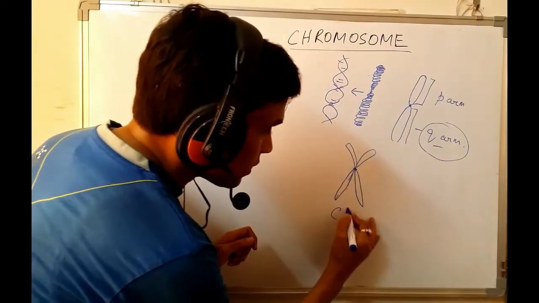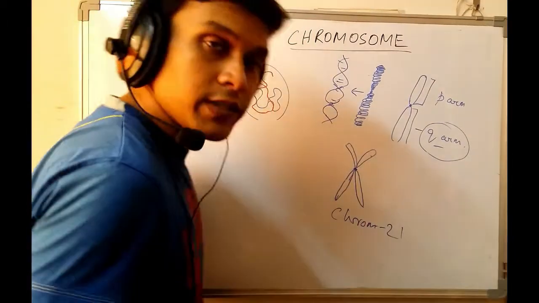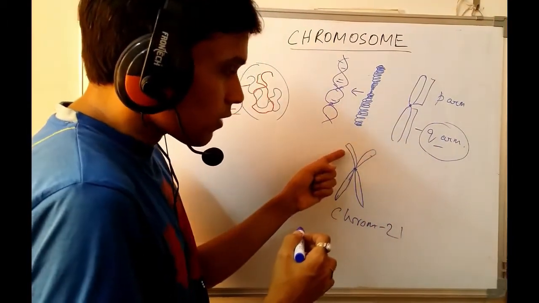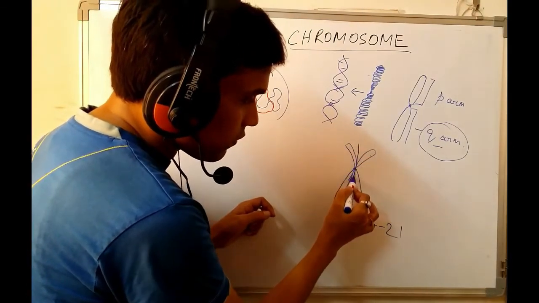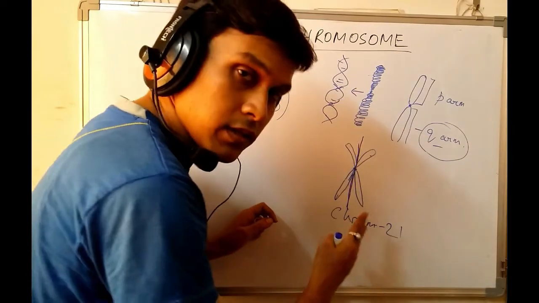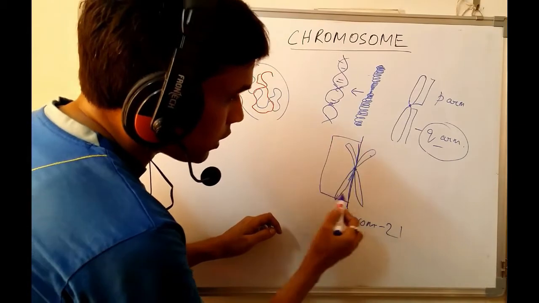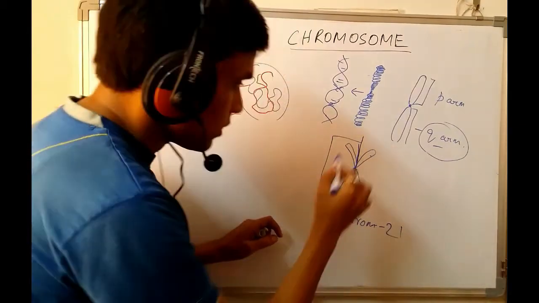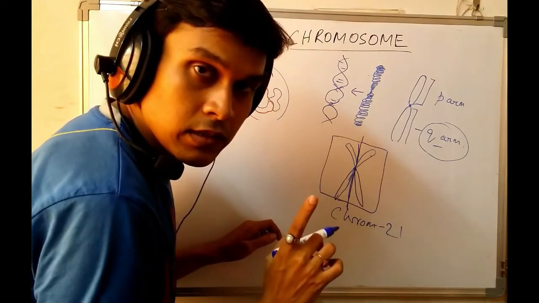If I consider this is chromosome 21 and this is another chromosome 21, and I make a division from the middle, then one half is called a chromatid and the other half is also called a chromatid.